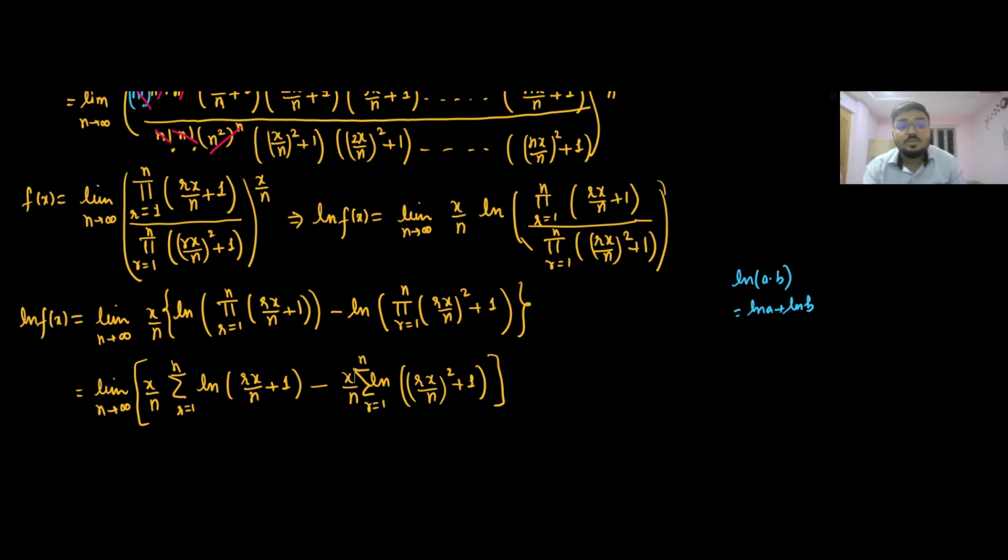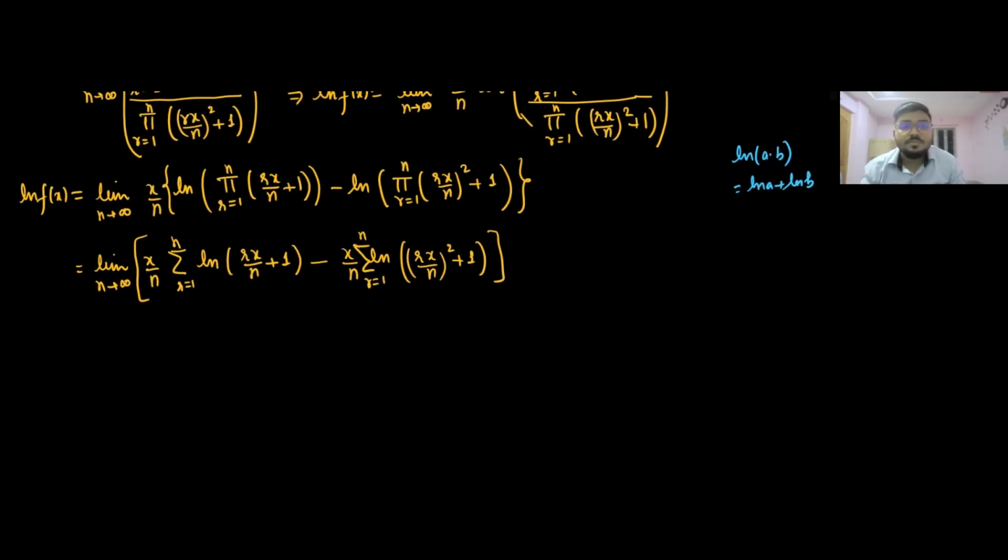Okay. So now if we do that substitution, limit as a sum substitution, that is here r by n, if you assume it as t, so this 1 by n will be equal to dt. So this expression is now converting into integration.